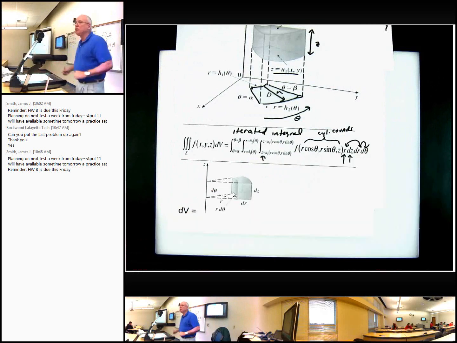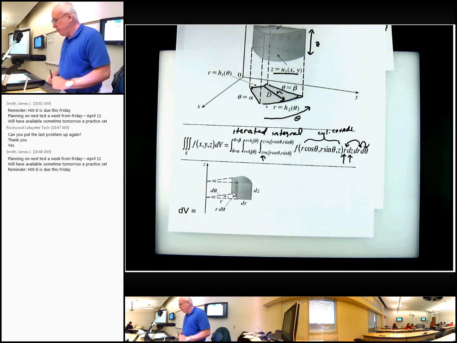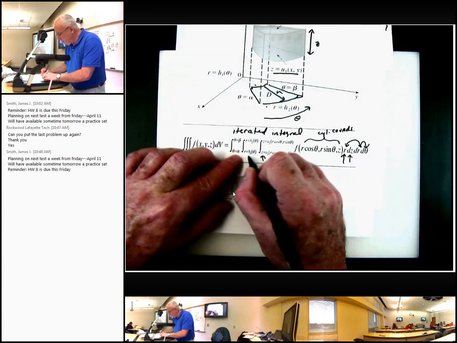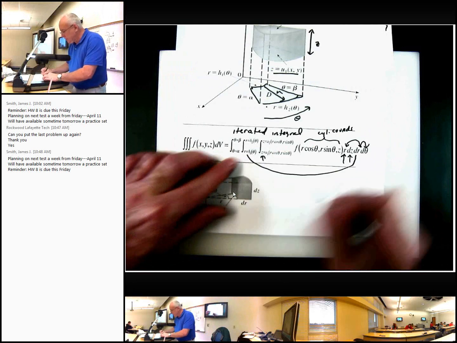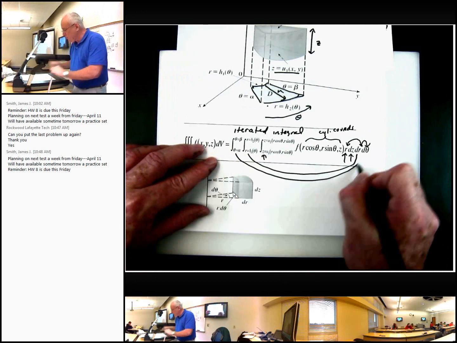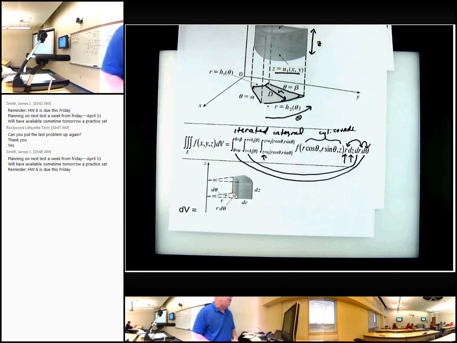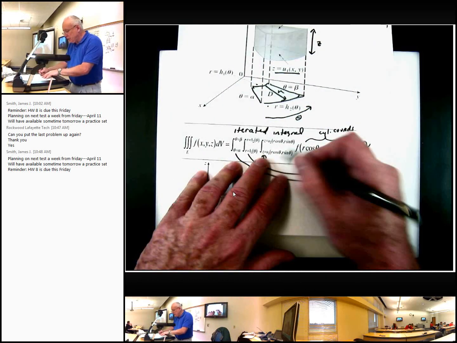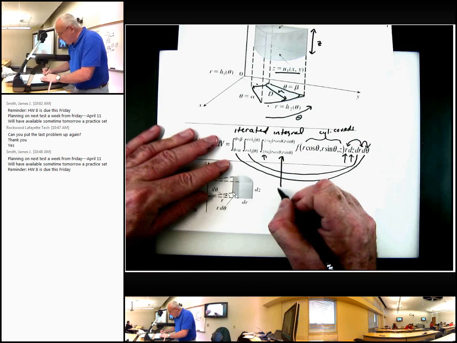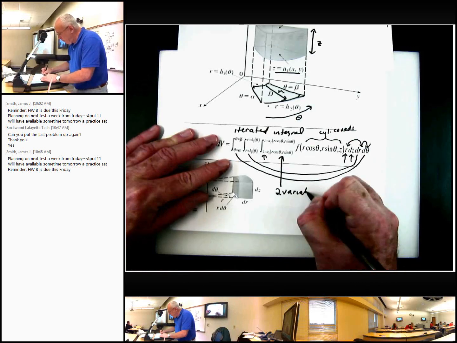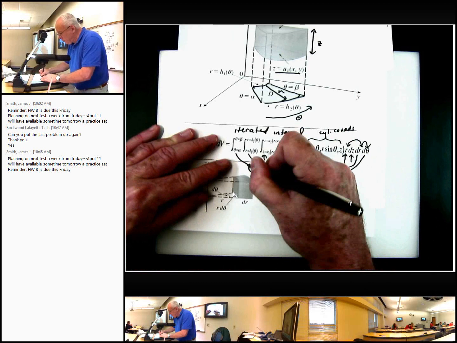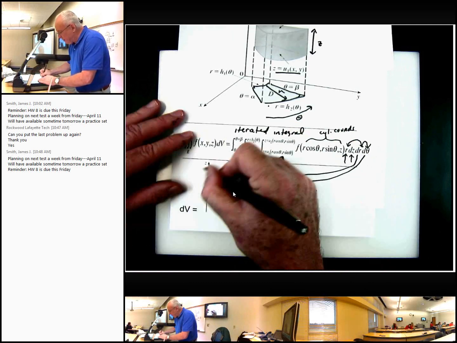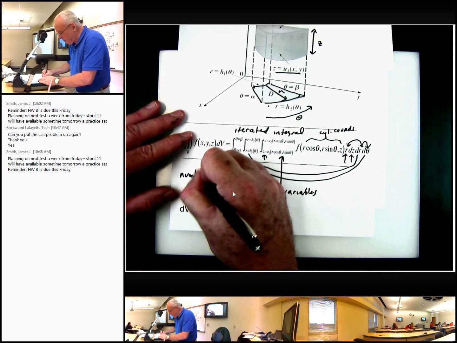So we have that extra r hanging around. Then we integrate our r between the two functions. And finally, we integrate our theta between the two values. So again, we can theoretically have on the inside integral a function of two variables, on the one next to it a function of one variable, and on the outside, we always just have numbers, right?